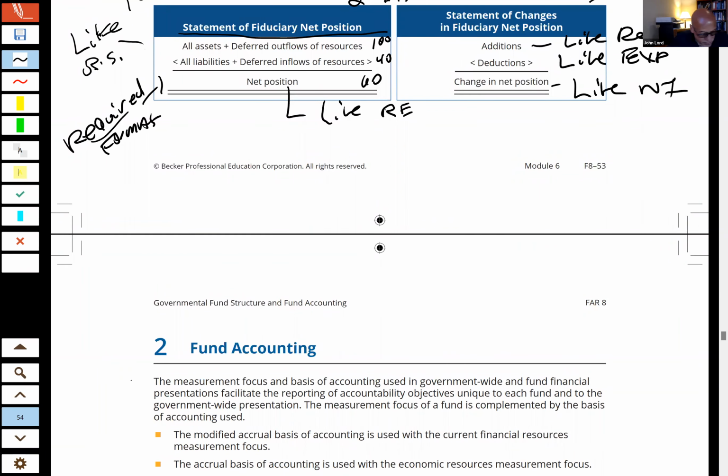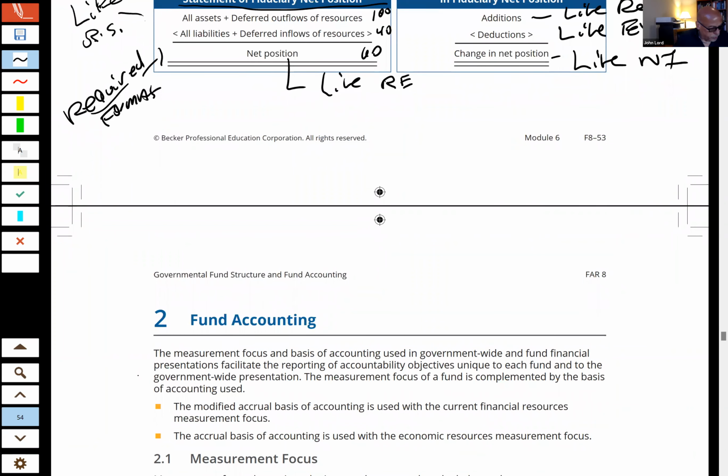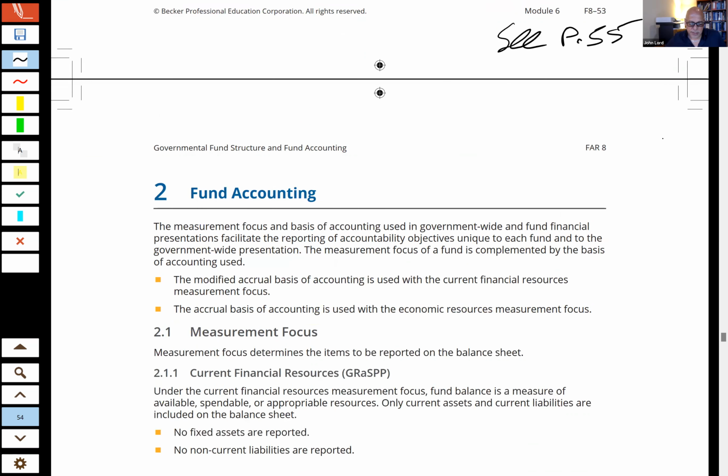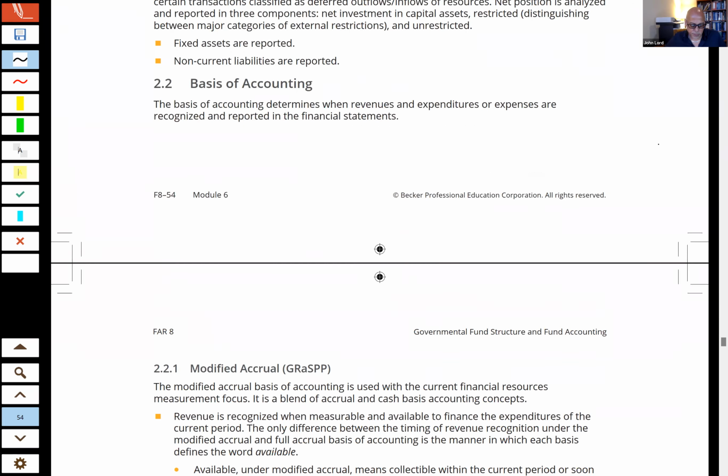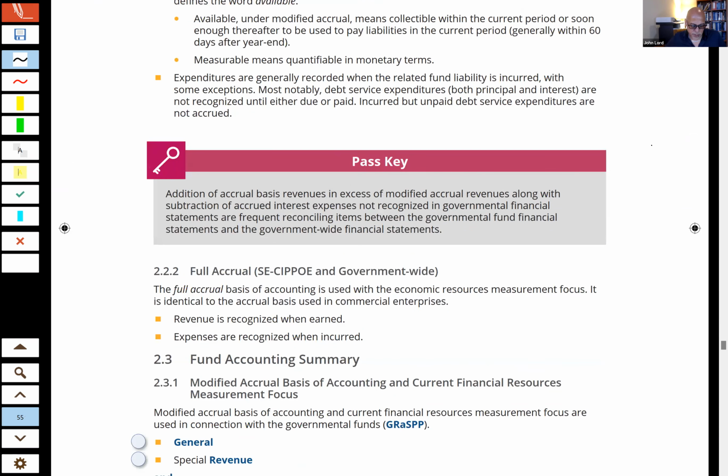Okay, good. Now, what I want to do is have you go to, I want you to put C page 55 right here. Because notice we went through a lot of that discussion about the categories of funds and whatnot, and I didn't ask you for a flashcard.